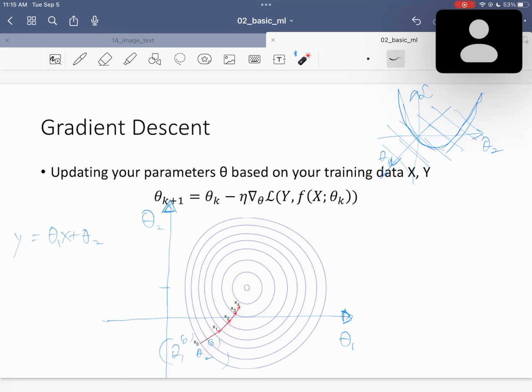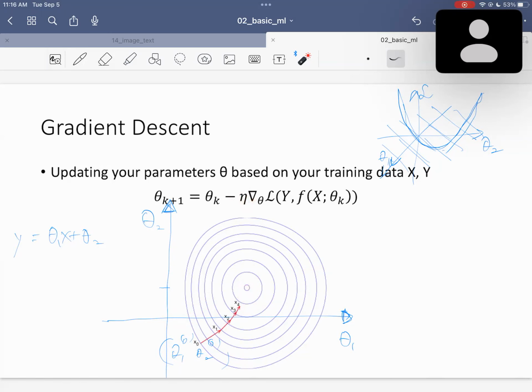The smaller eta is probably safer, because if you use a very large eta, then suppose you were here and your gradient direction was here, you'll go here, bypassing your low point. You'll just oscillate, never reaching the minimum point. So you want to use a sufficiently small eta.